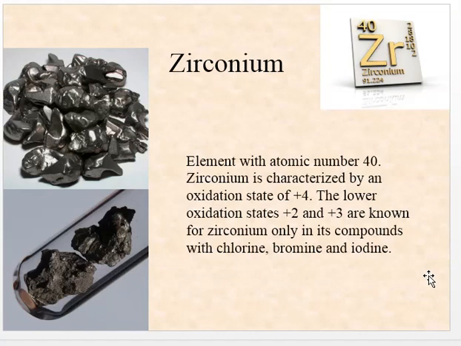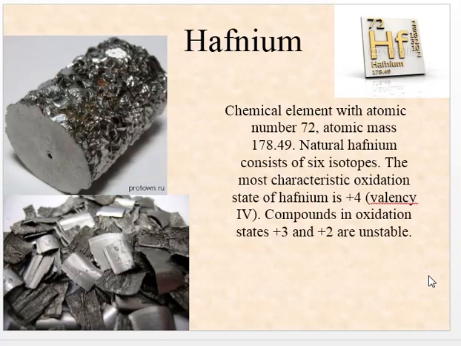Zirconium, element with atomic number 40. Zirconium is characterized by an oxidation state of +4. The lower oxidation states +2 and +3 are known for zirconium only in its compounds with chlorine, bromine, and iodine.